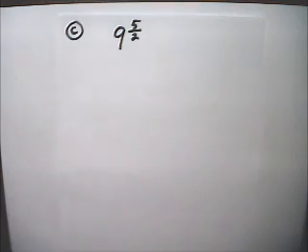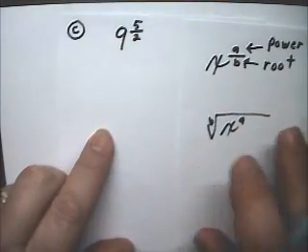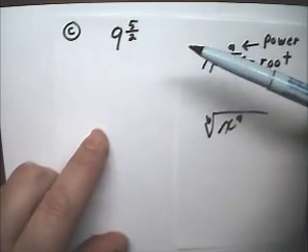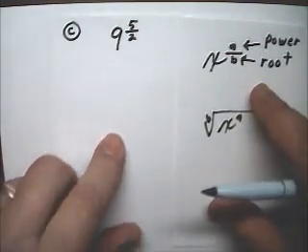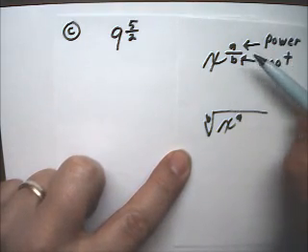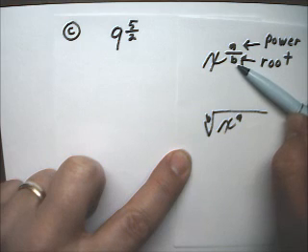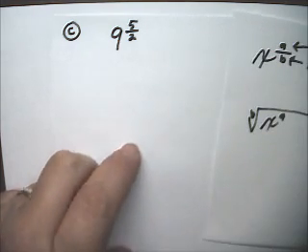C part is 9 to the 5/2 power, and the book does this in a very tricky way. I'm going to do this in a much more straightforward way. The 5 is the power, and the b, the denominator, is the root.